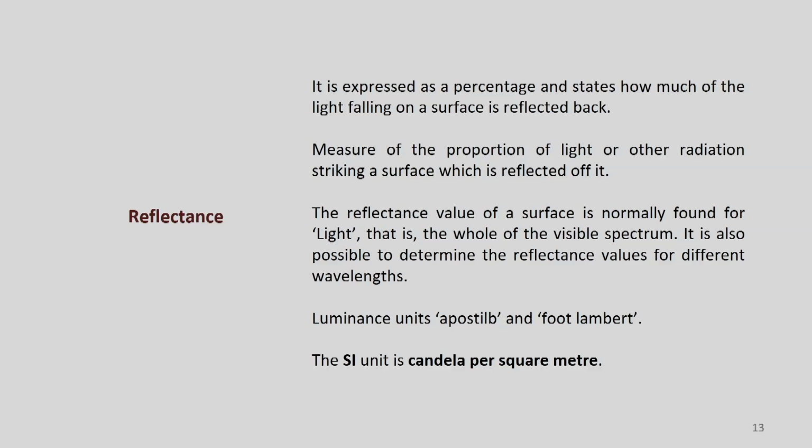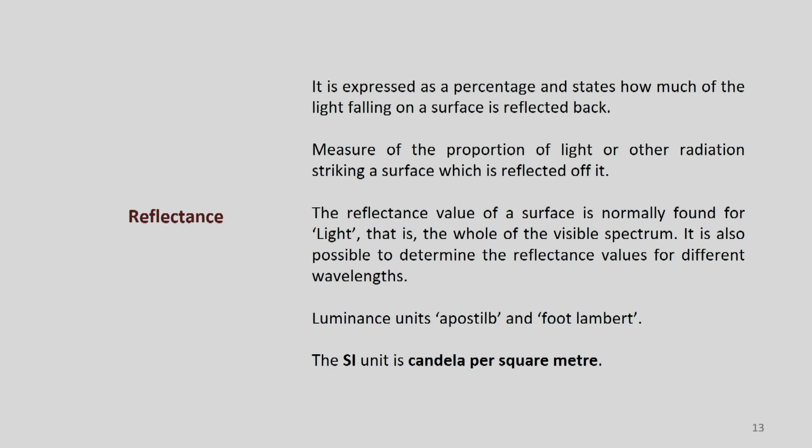It is expressed as a percentage and states how much of the light falling on the surface is reflected back. So, some amount of light is falling on that particular surface, and a certain amount of light is getting reflected. It is a measure of the proportion of light and other radiation striking a surface which is reflected off it.